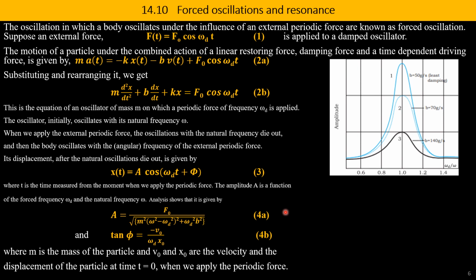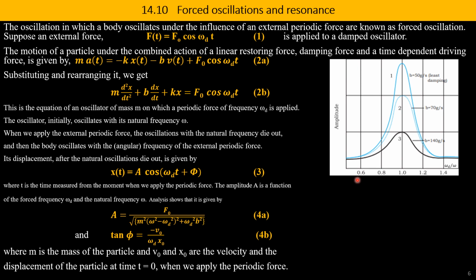On the x-axis, we have plotted the ratio omega d by omega, where omega d is the driving angular frequency and omega is the natural angular frequency, and amplitude is plotted on the y-axis. There are three curves for different values of the damping constant b.